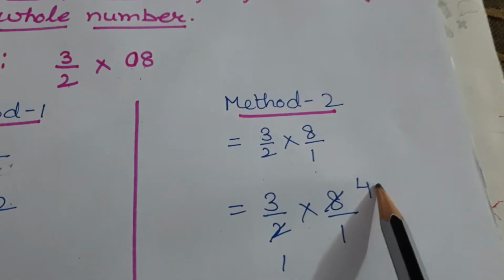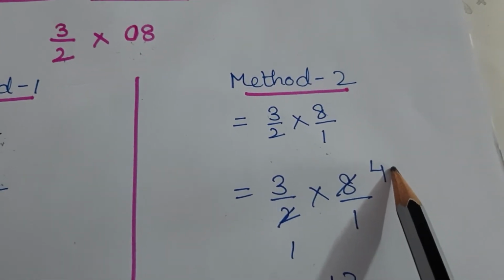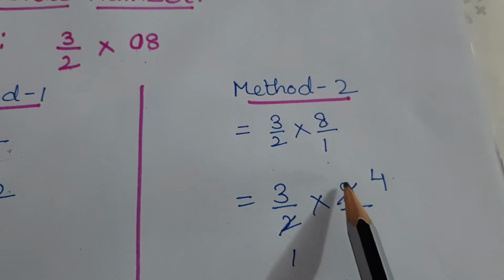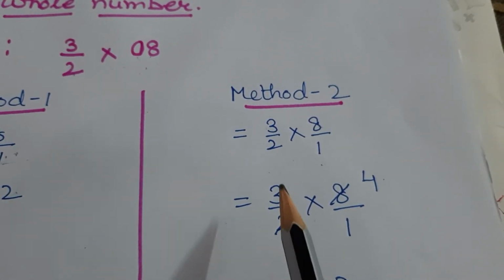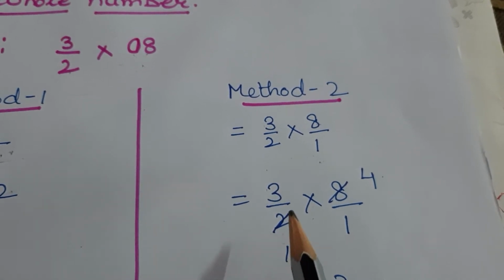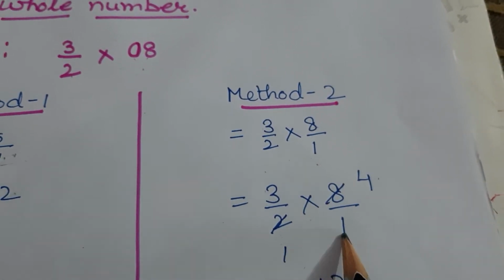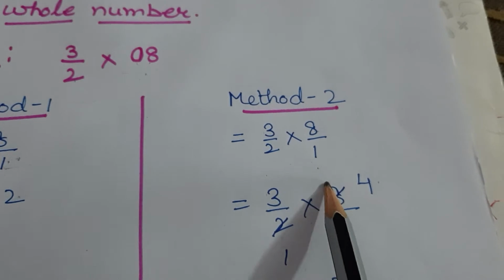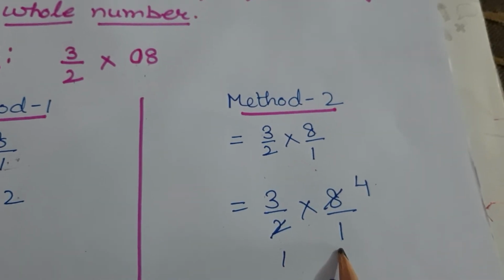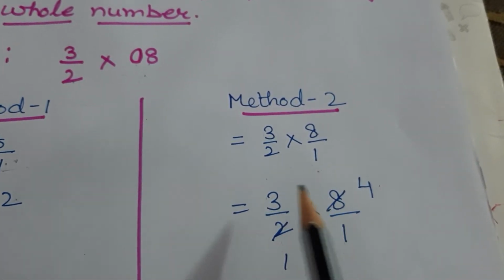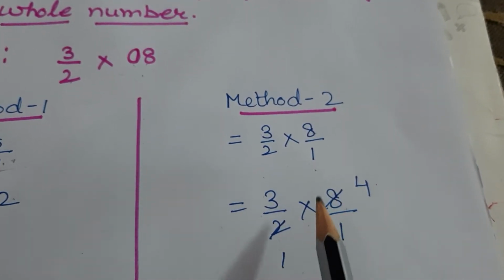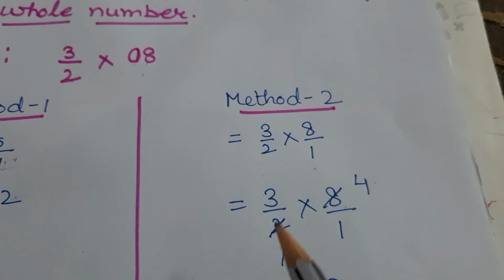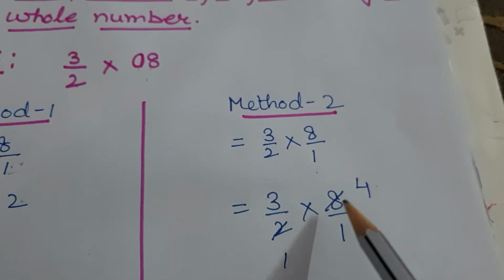Students, the important thing you have to keep in mind is that cancellation is possible only between numerator and denominators. In these two, or in these two, or in these two, or in these two. You cannot cancel numerator with numerator because both are multiplying. Actually, cancellation is division.